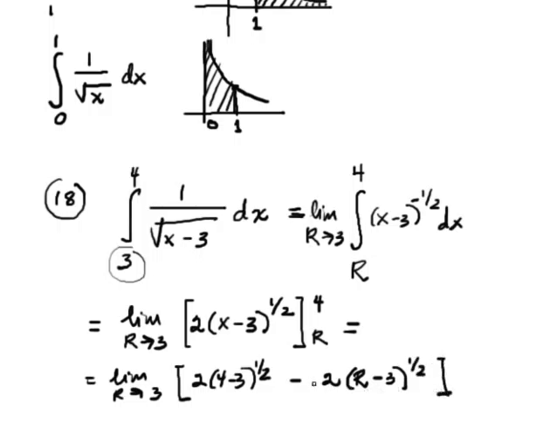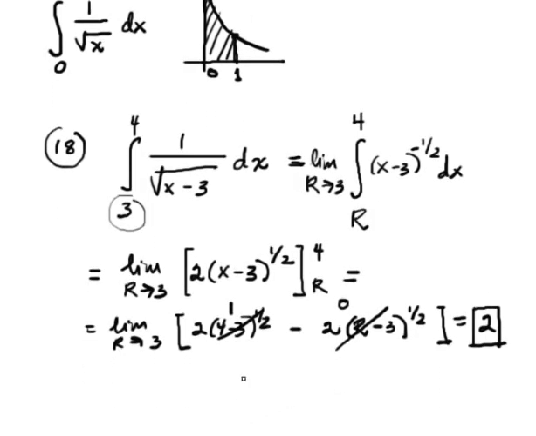Okay, so we just substituted in. 4 minus 3 is 1. So this is 2 times 1 over here. And here, as r goes to 3, this goes to 0. So when we take the limit, we just get 2. All right, so we say that this open-ended area is in fact finite, and the integral converges.